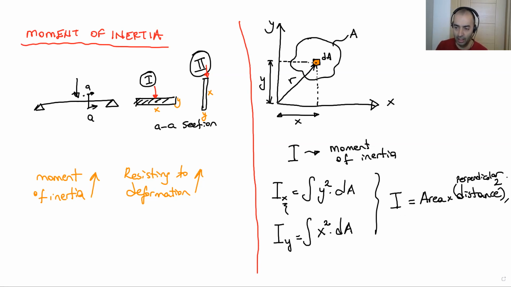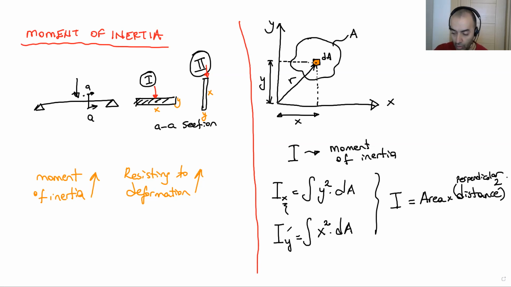So this is the general idea behind all these Ix and Iy. Okay. Now we know what the moment of inertia is. Basically, we know the basic term where we use it. Now we know the mathematical equation.